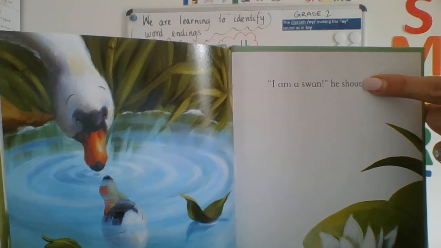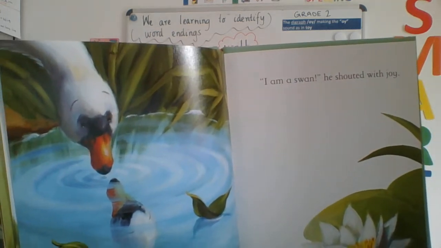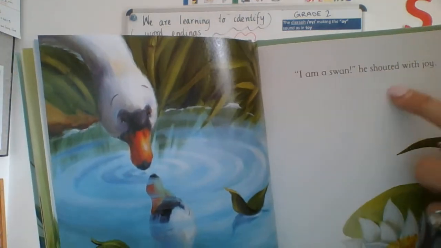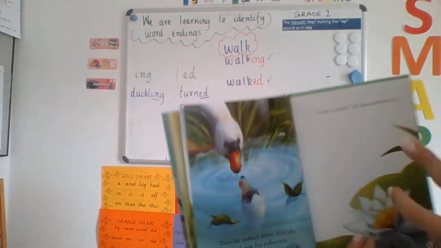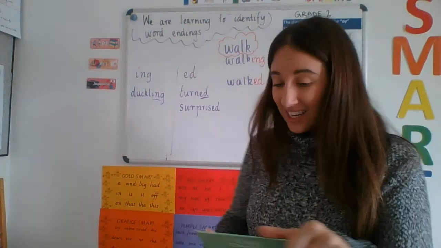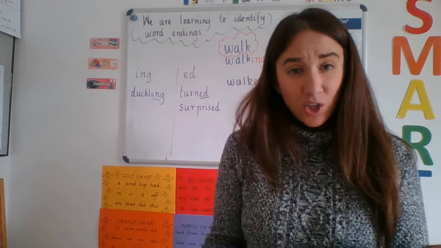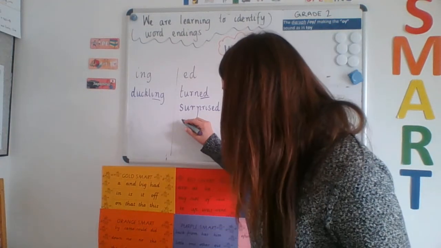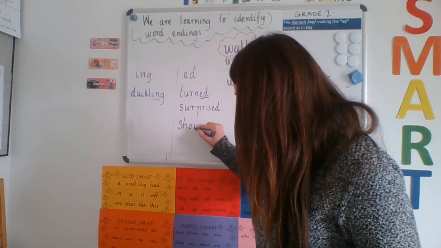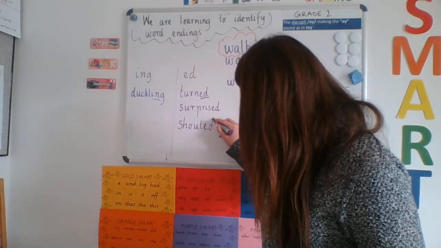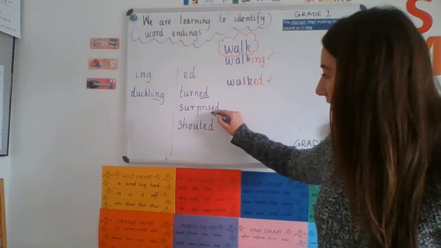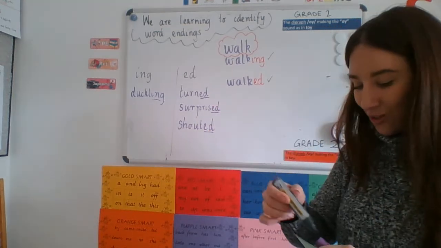I am a swan, he shouted with joy, okay? So that's why it's so important to make sure we pay attention to those word endings. It can change whether it makes sense or not, okay? So I'm going to add the word shouted to our ED word endings, and I can underline the ED in those words.